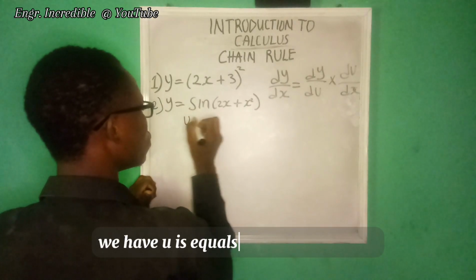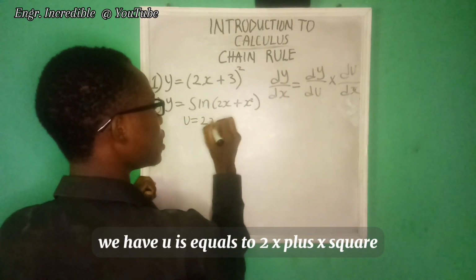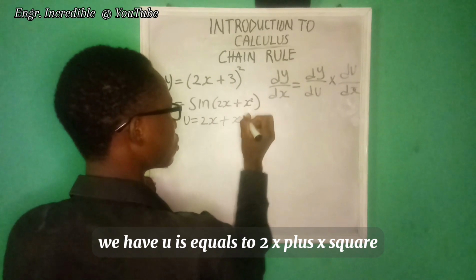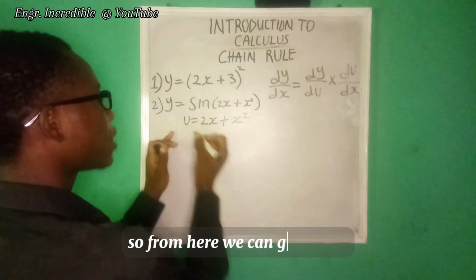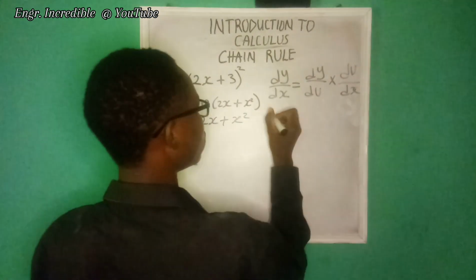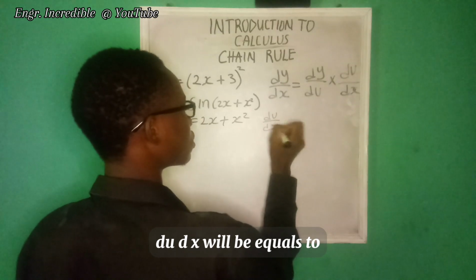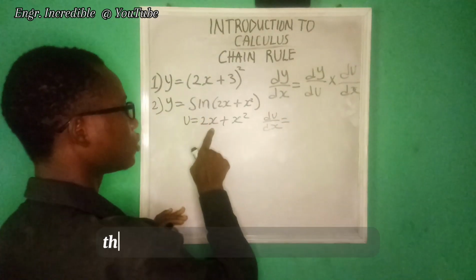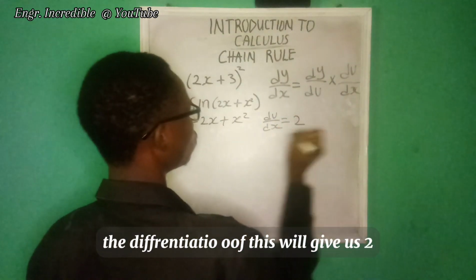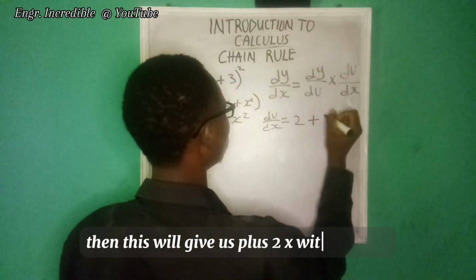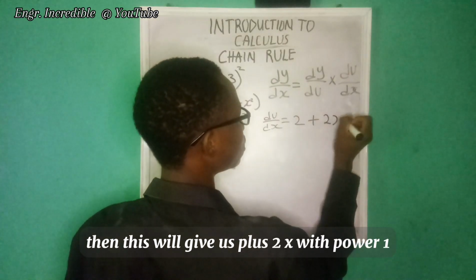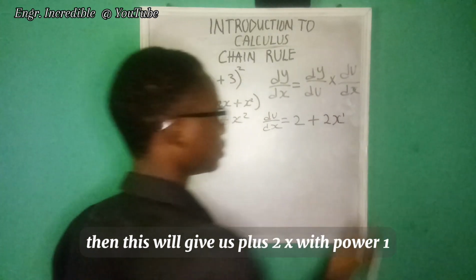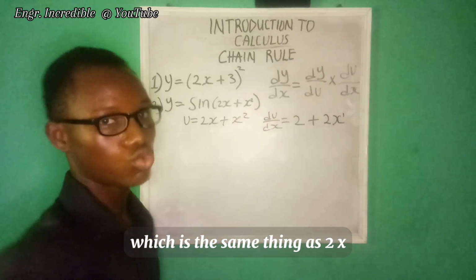We have u is equals to 2x plus x squared. So from here we can get du/dx. du/dx will be equals to, the differential of this will give us 2, then this will give us plus 2x raised to power 1, which is the same thing as 2x.